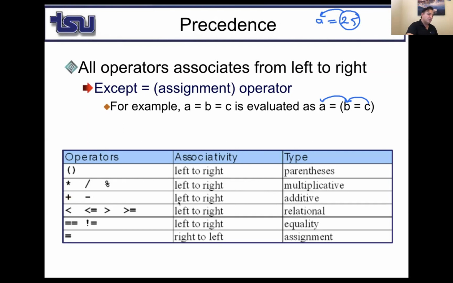Then you take care of relational operations and equality operations, and then assignment. Okay, this is important. First parentheses, then multiplication, division, or modulus, whichever comes first on the left. Then you take care of what? Addition and subtraction. Then relational operators. Then equality, and then assignment. That's the order.